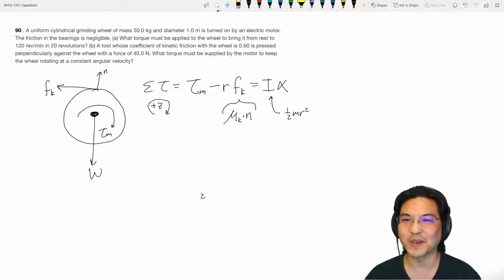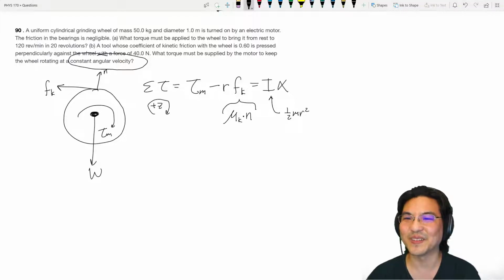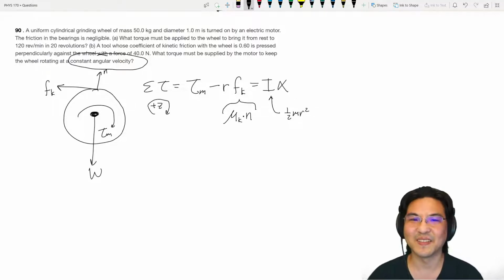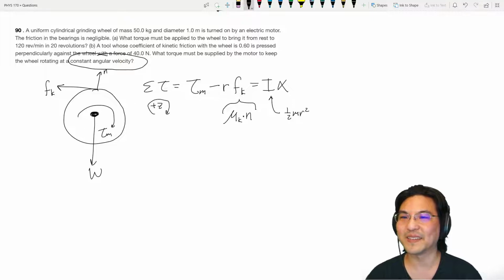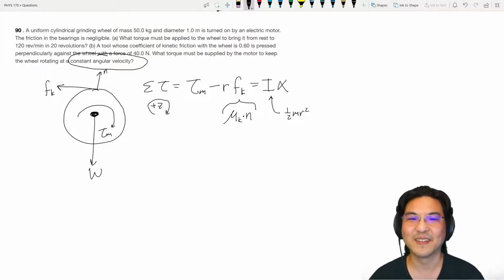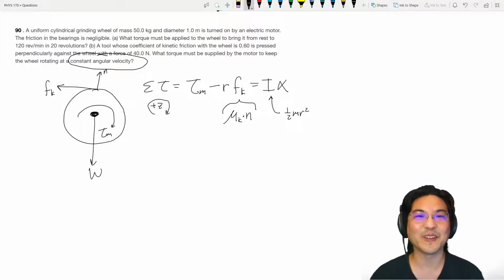I missed one part where it says constant angular velocity. That's significant. Constant angular velocity means what in terms of acceleration? Acceleration is the time derivative of the angular velocity.